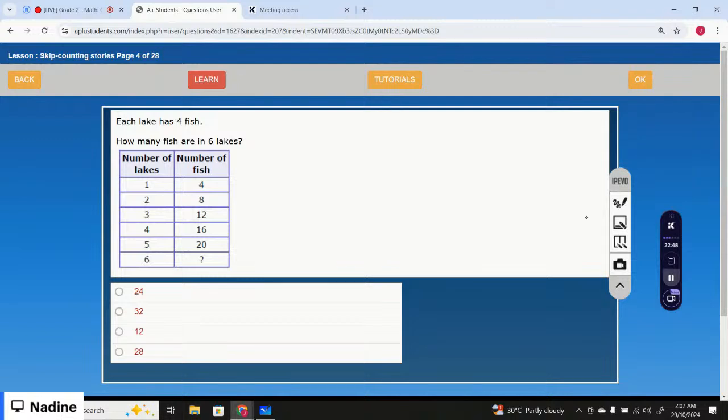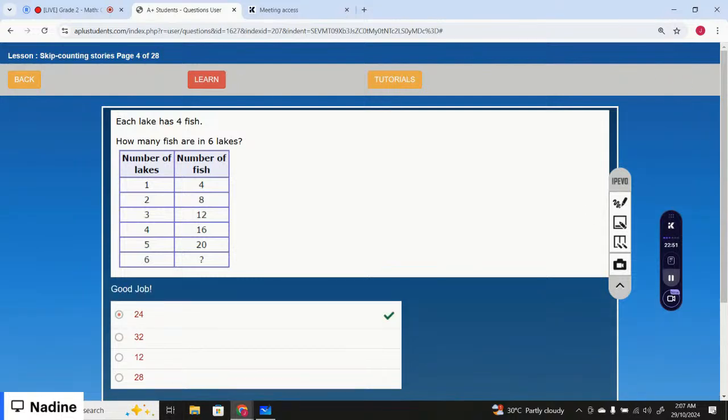So that means the six lakes have 24 fish. Option number 1 is the correct option.